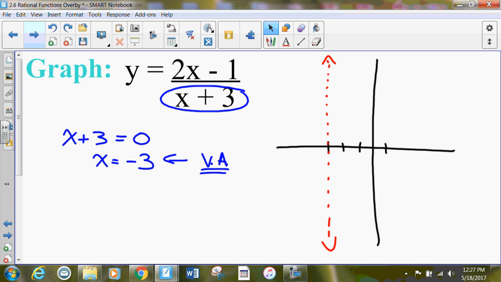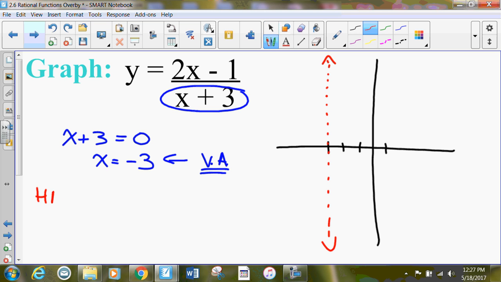The numerator is always going to be bigger than the denominator. Can you guys see that? Double a number minus 1 is going to be bigger than that number plus 3. All right, maybe not in the beginning, but as we get into the bigger numbers, this is going to be true. And so we're going to remind ourselves of the rules about horizontal asymptotes.